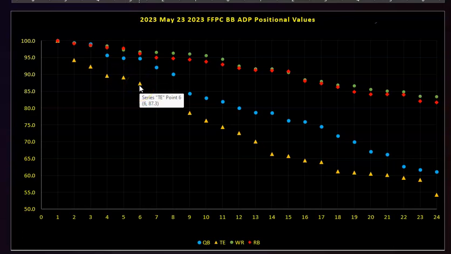Maybe 6 is a separate tier. 7. And then we're down to the 13th tight end. And we break into the 18th tight end and look at the 24th break. So there are some interesting gaps here. And it looks to me like below the 7th tight end, there's that gap.